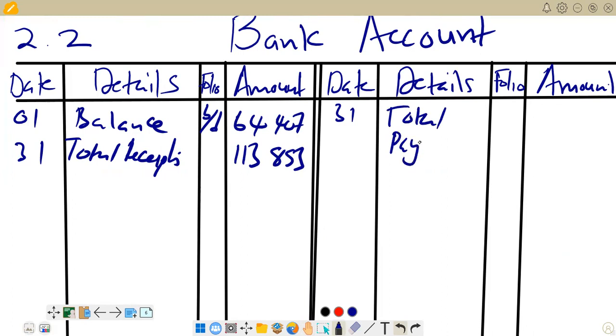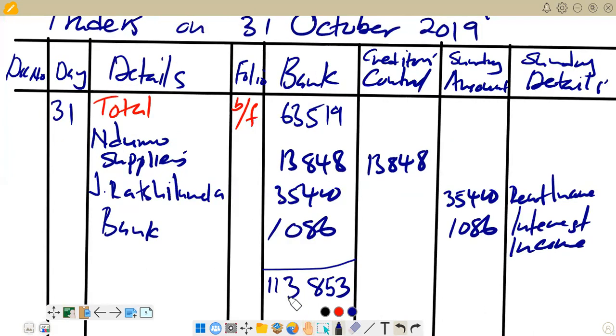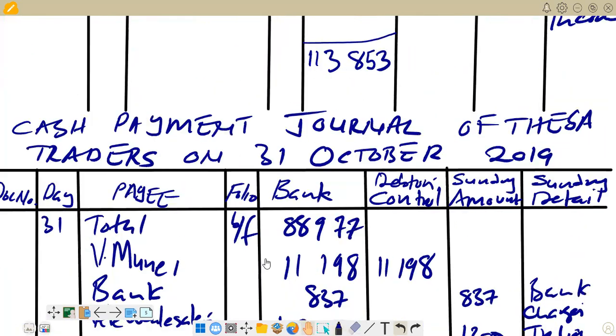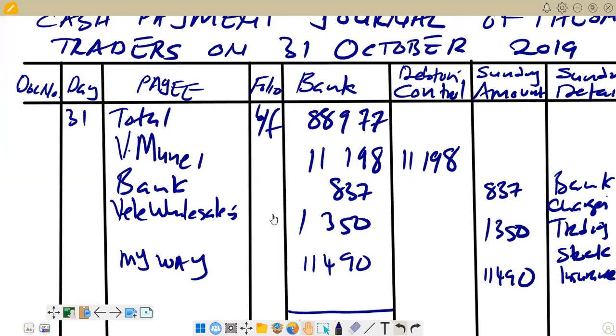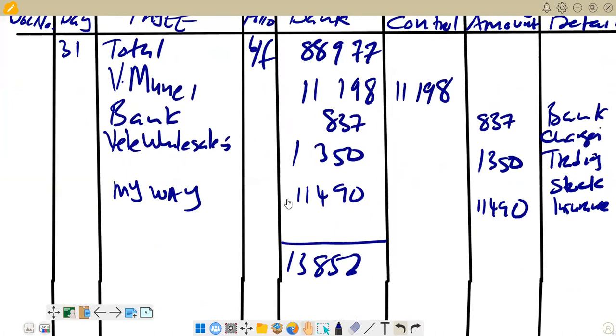payments. And we go and check what we have in terms of our total payments. These ones are our receipts. So our payments are here. And the total that we have here, let's check, is here 113,852.